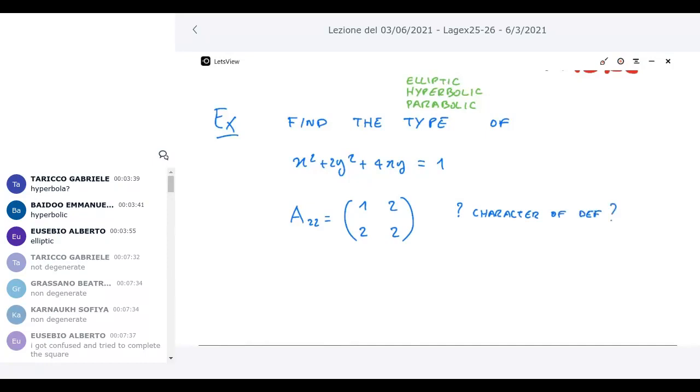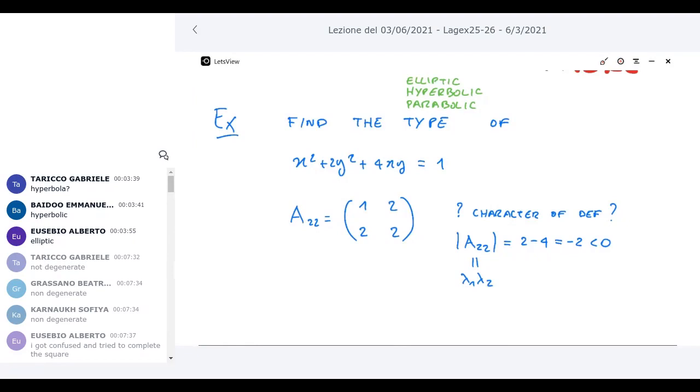So we play the usual game. Since it is 2 by 2, we look at the determinant, which is 2 minus 4, so it is minus 2, so it is negative. This is telling me all there is to know, because remember, the determinant is the product of the eigenvalues. So this is saying two things.